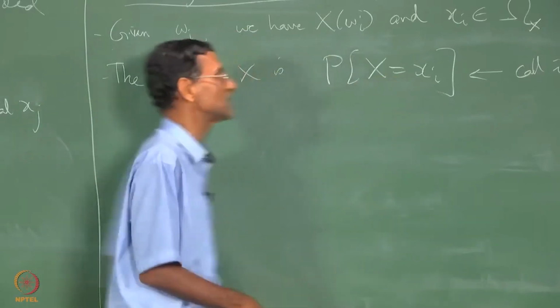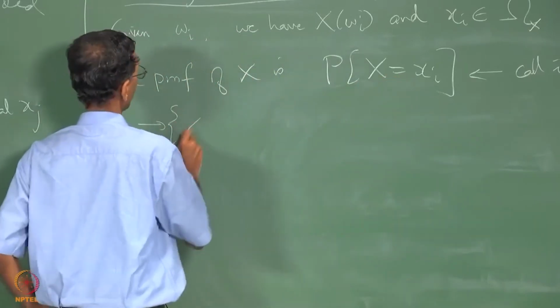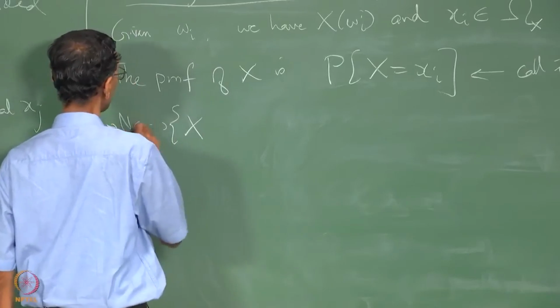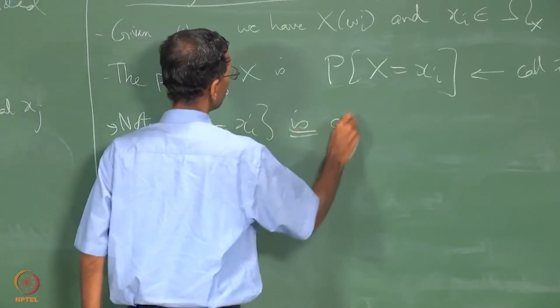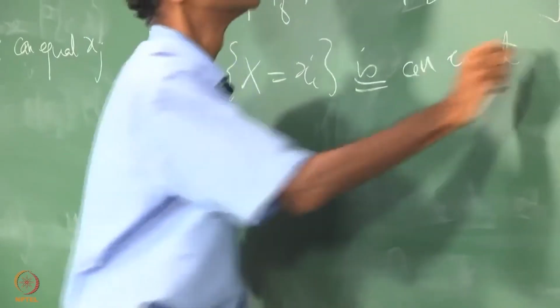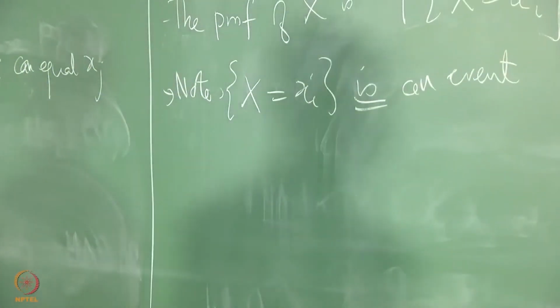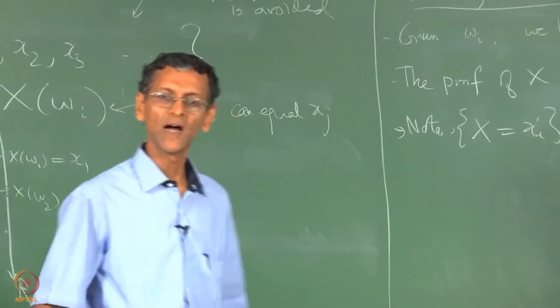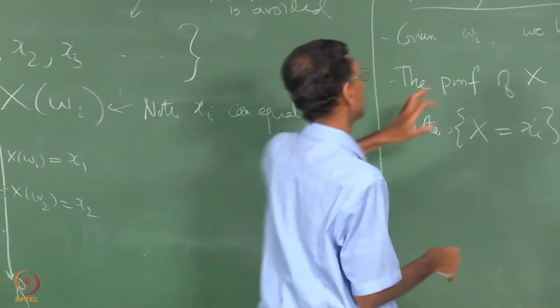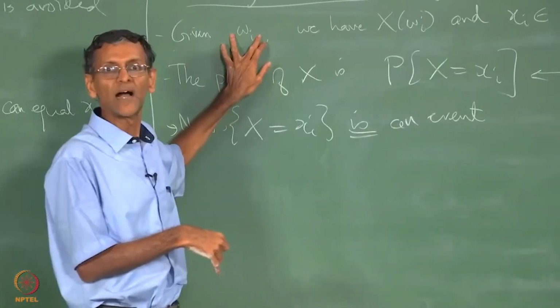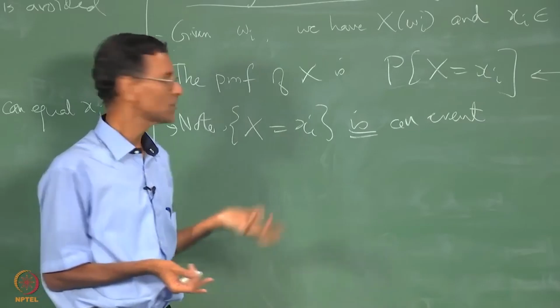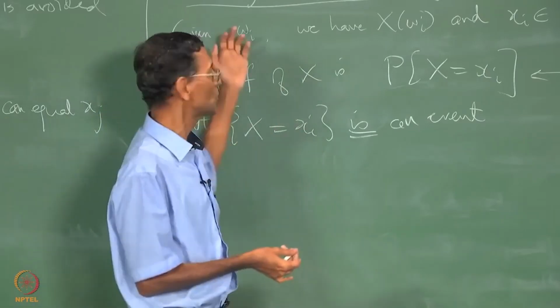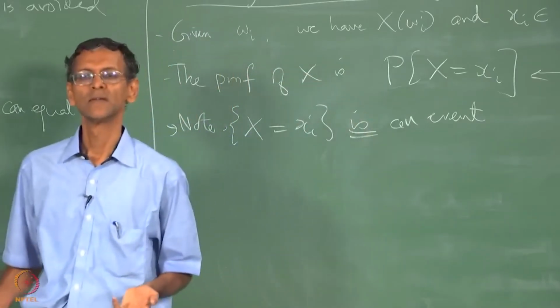So x equal to xi is an event. Why? Because our event space for a discrete omega is a power set. So any such thing you say on omega, any combination of omega i's, any union of those omega i's is an event. So this has to be in one of those events.